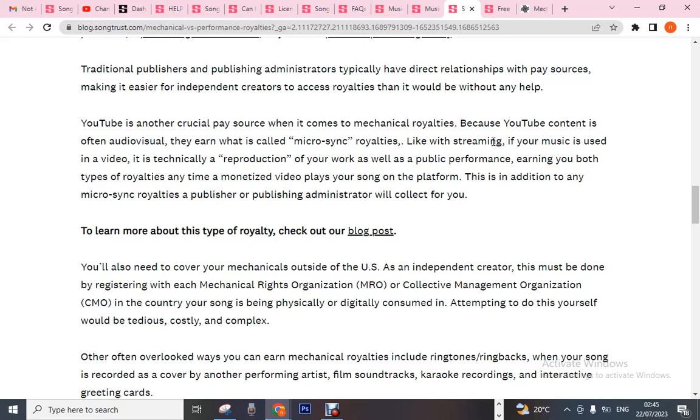Like with streaming, if your music is used in a video, it is technically a reproduction of your work as well as a public performance, earning you both types of royalties anytime a monetized video plays your song on the platform. This is in addition to any micro-synchronization royalties a publisher or a publishing administrator will collect for you.